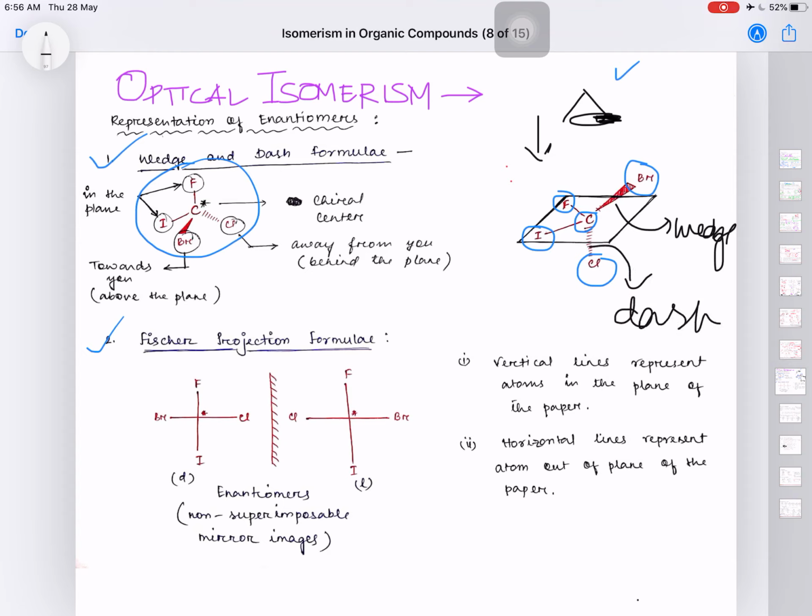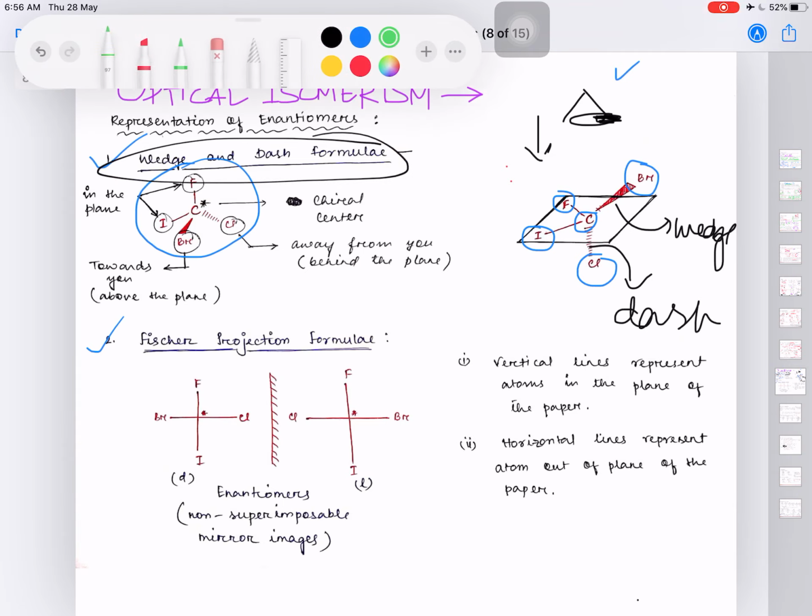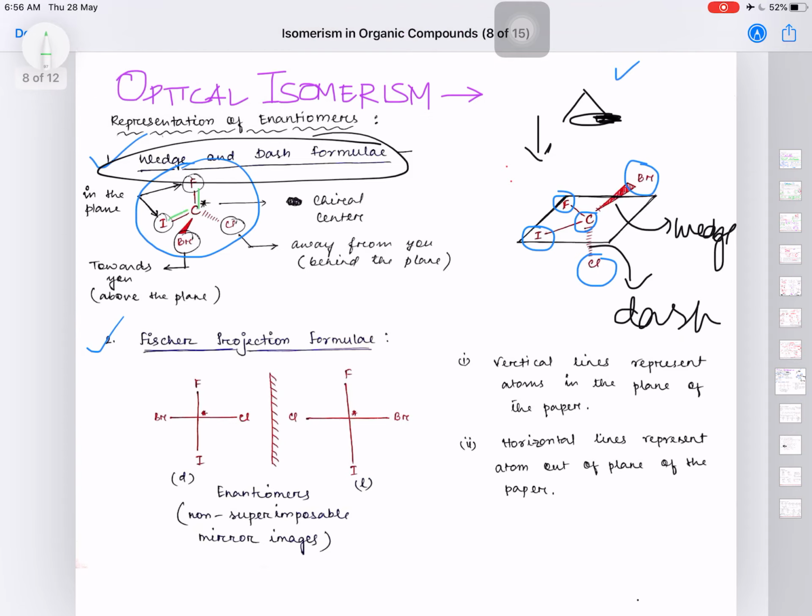In this formula, the bonds that are towards you and the bonds that are away from you are represented by wedge and dash, so that's why it is called the wedge and dash formula. The simple lines mean that the atom is present in the plane of the paper, wedge means it is towards you, and dash means it is away from you.